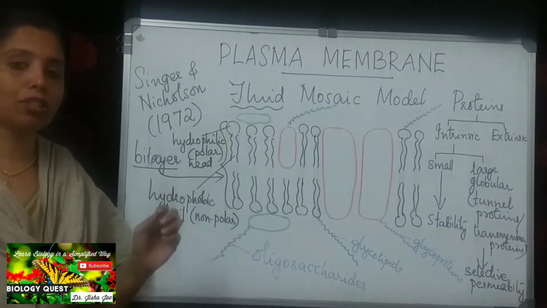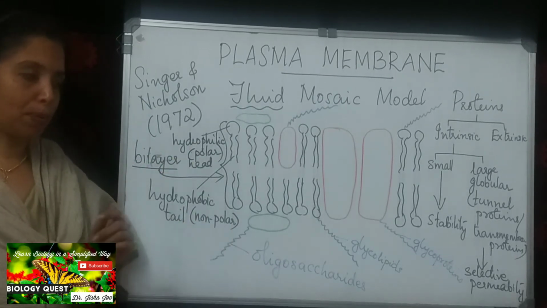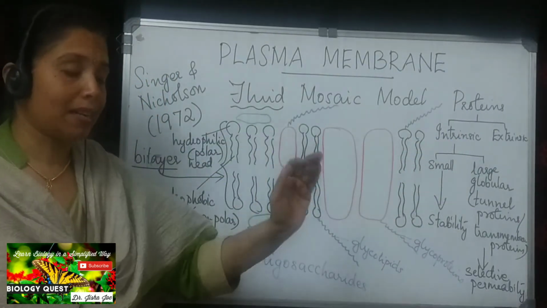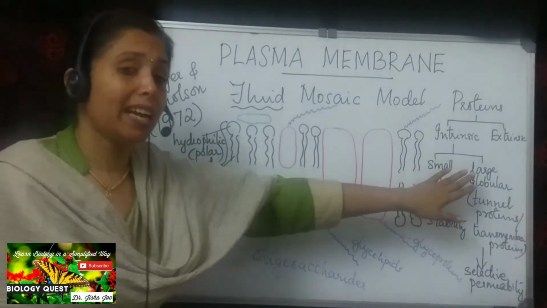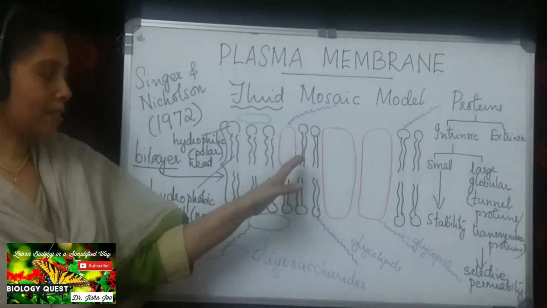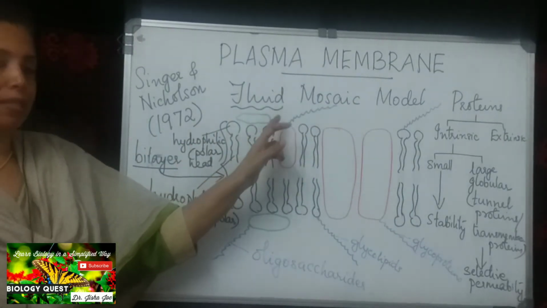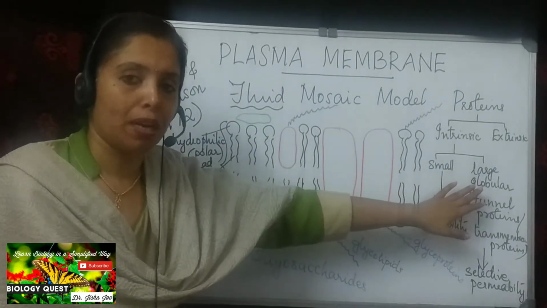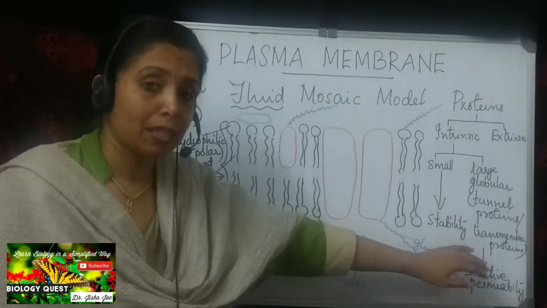This classification of proteins is based on the ease of extraction of the proteins. Integral proteins are again classified into two: small integral proteins and large globular proteins. Small integral proteins are embedded in the phospholipid bilayer with one surface exposed, whereas the large globular proteins are otherwise called tunnel proteins or transmembrane proteins.